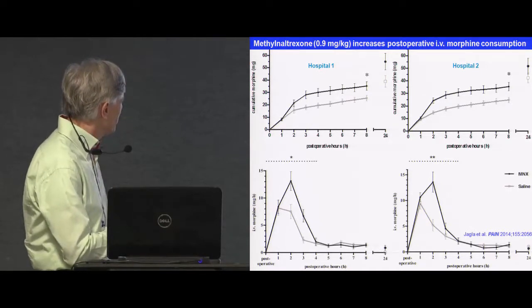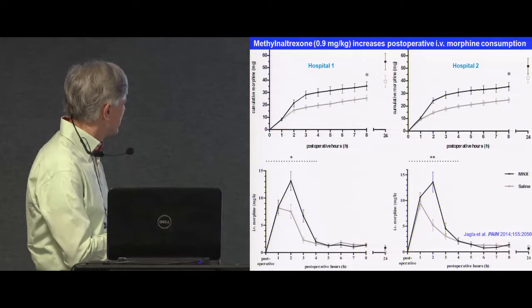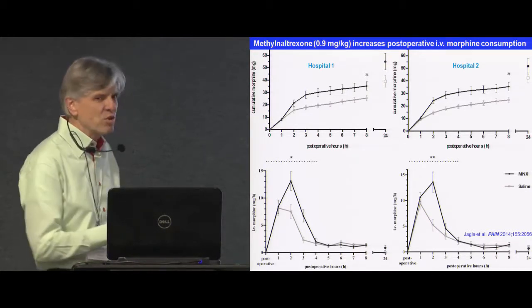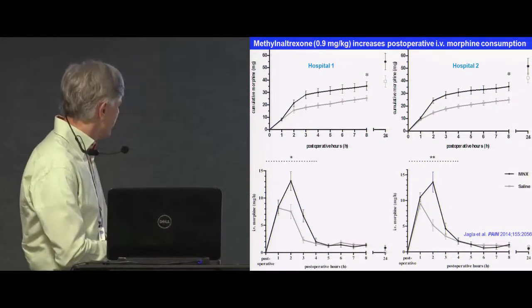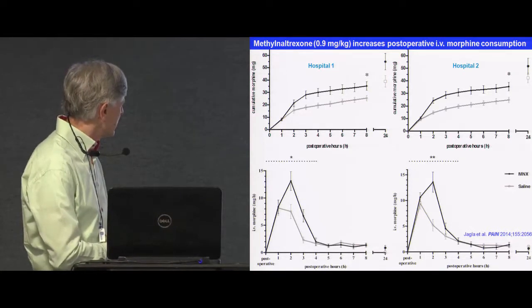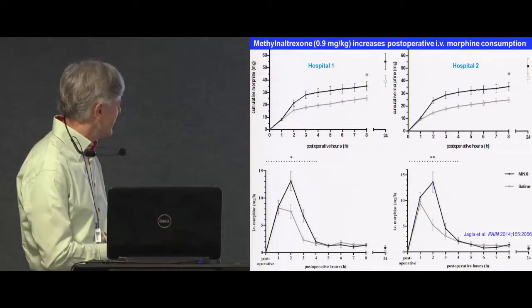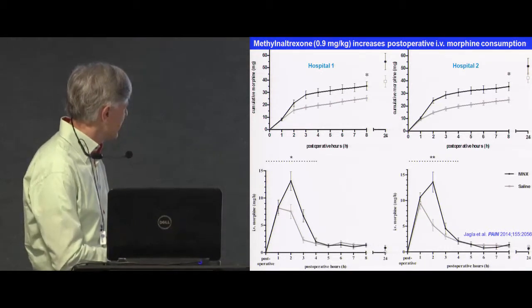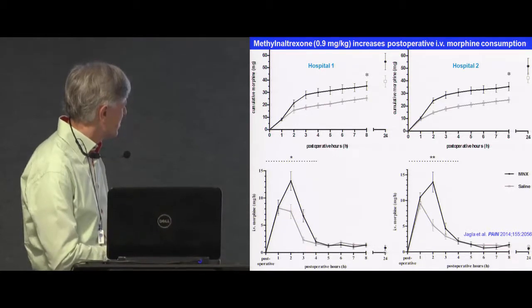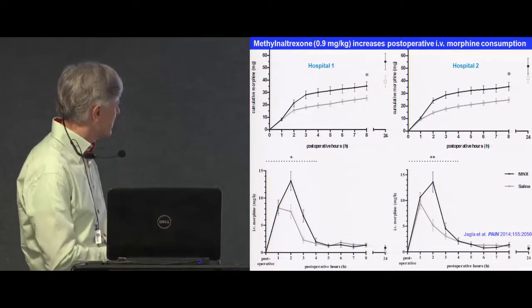Here you see the cumulative effect between the methyl naltrexone and the saline group, the control group. Here you see the group that receives the antagonist, these are morphine doses at individual hourly time points. Clearly, the methyl naltrexone group uses much higher doses of intravenous morphine compared to the control group.